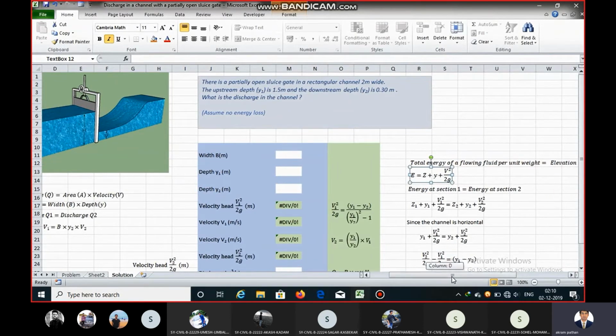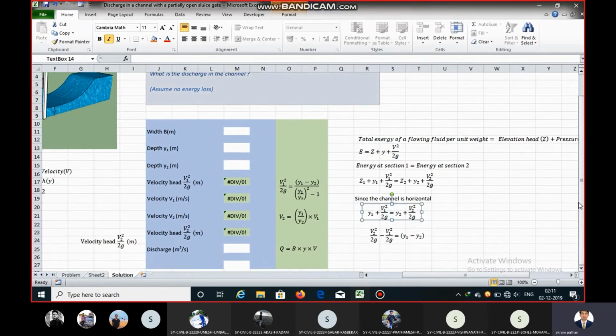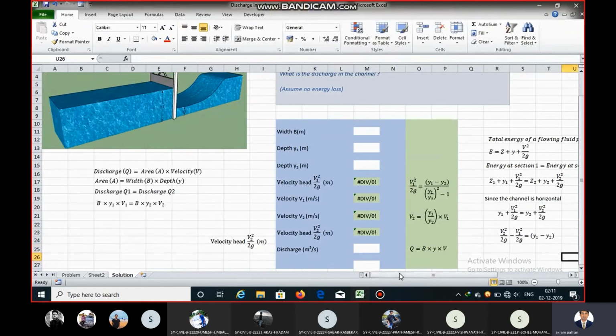So the equation becomes Y1 plus V1 square by 2G equals Y2 plus V2 square by 2G. And lastly, V2 square by 2G minus V1 square by 2G equals Y1 minus Y2. So this kind of equation we can develop.